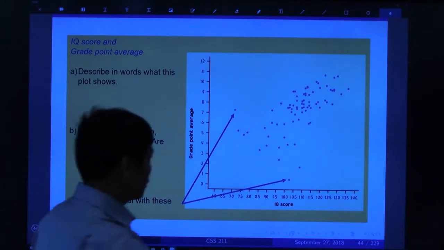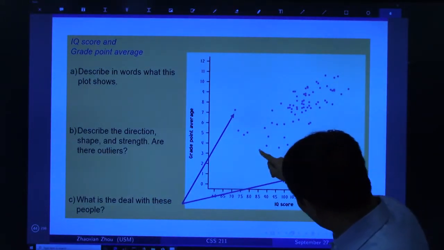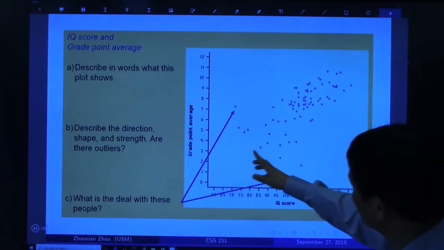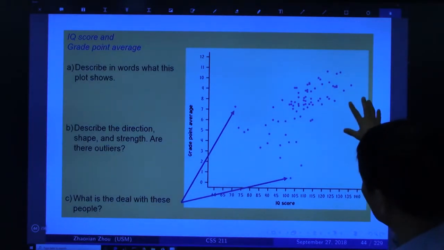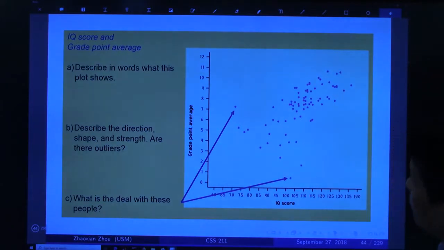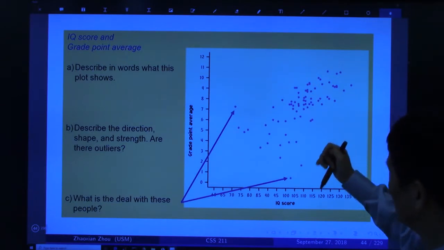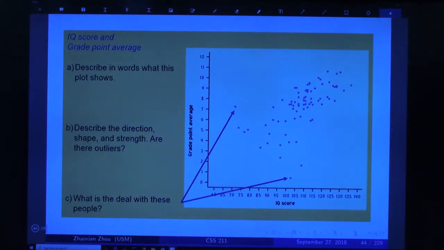For example, for this data point, the IQ is around 85 and the GPA is around 3.2. We have all this data plotted in this scatter plot. If we are given this, we want to know what happened in this data set. So the first one, describe in words what this plot shows.